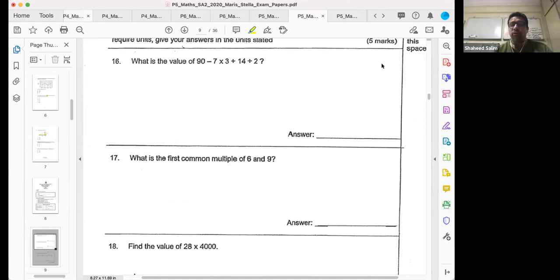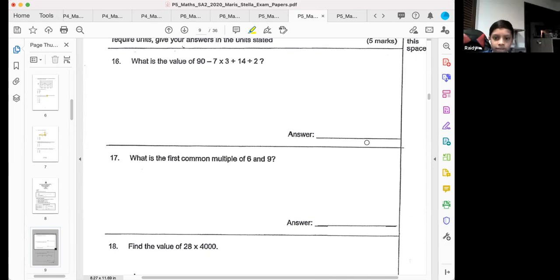So, motivational quotes. Where do you get it from, Putri? From your school? Oh, okay. Raidi, what do you want to say? Oh, you have a new phone number.